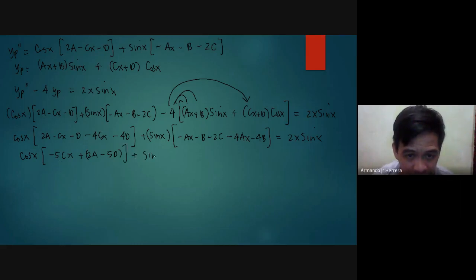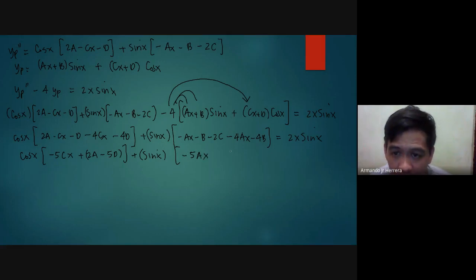And then you have sine x here. Combine like terms here. It becomes negative 5ax, this one and that one. Negative 4b and negative b is negative 5b minus 2c, equals 2x sine x.